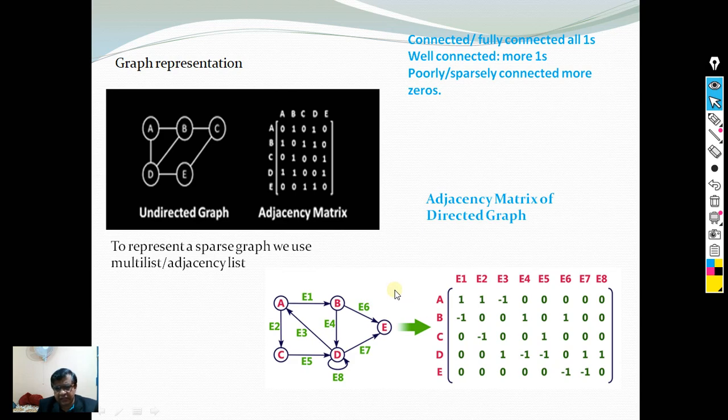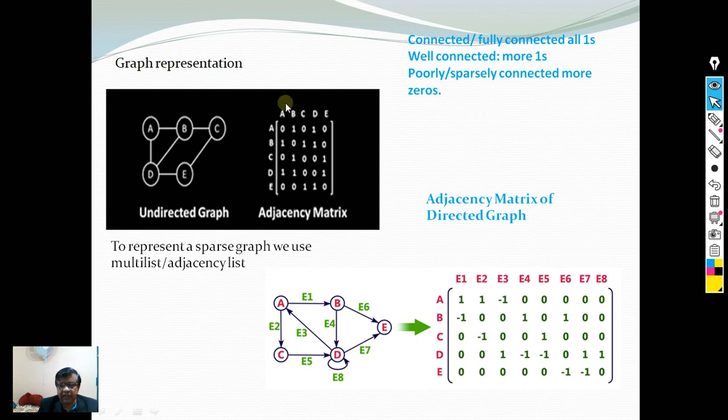If it is a sparse graph, then it is not worthwhile to represent it in the form of an adjacency matrix, because the representation of an adjacency matrix calls for double loops, a nested loop. Therefore, if there are n nodes, the iterative construct has to bother at least n square times.